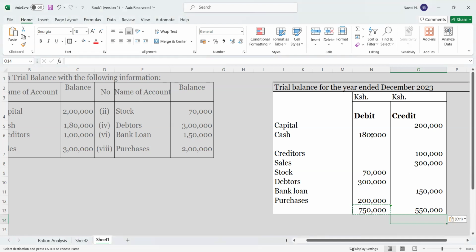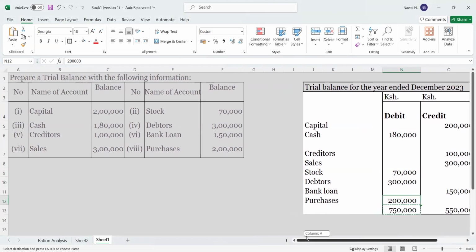This was 200. Then we have 100,000. Then we have 300,000. Then we have 150,000. Then we have here 180. Then we have 70. Okay, 300. We have the one for sales and we have the one for purchases. We have 300 for sales, it is here.